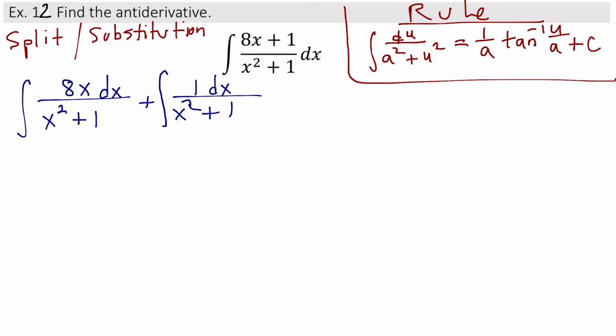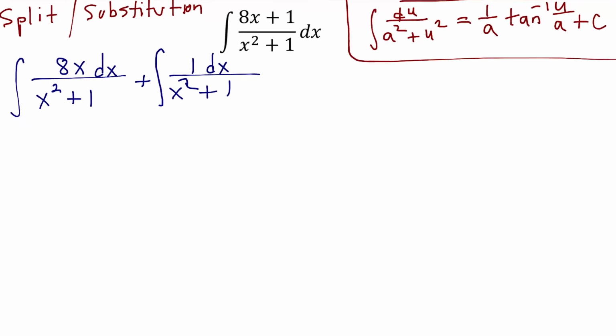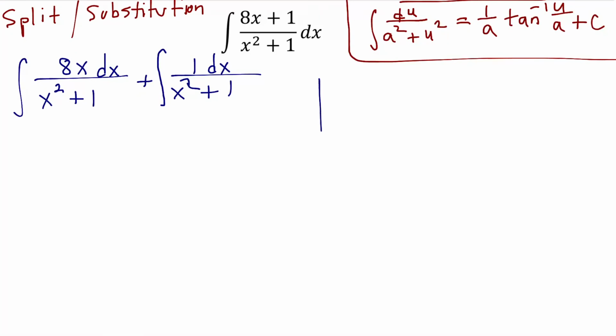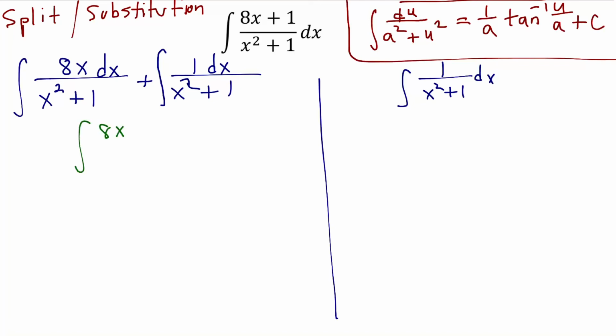All right, so this is my setup right here. So I'm basically going to do two separate problems and then combine them in the end. All right, so we'll put the integral of 1 over x squared plus 1 dx on this side, and then we'll put the integral of 8x over x squared plus 1 dx on this side.